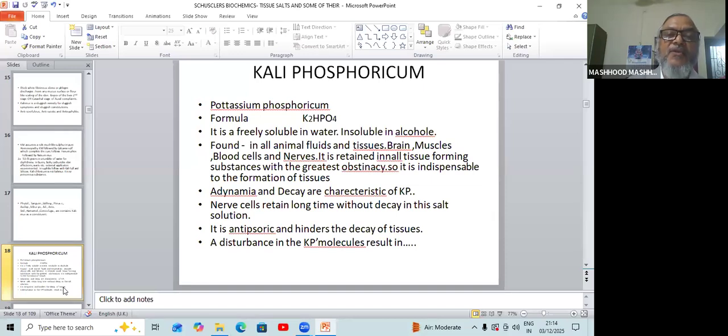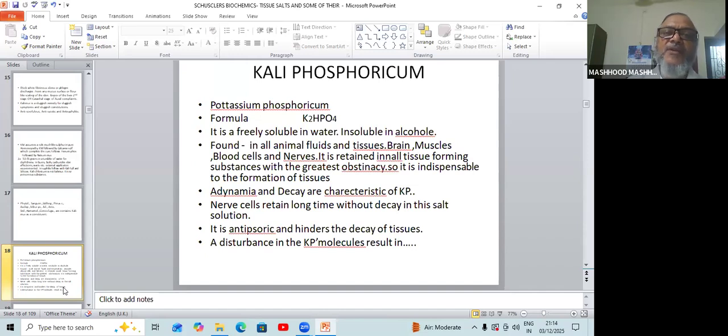K2 is a very good positive ion, K2 plus. Phosphate, then oxygen is very readily available with some proteinaceous parts and the phosphorus. So this is a very good salt. That is why it is our main remedy for brain cell, brain and nervous system complaints.